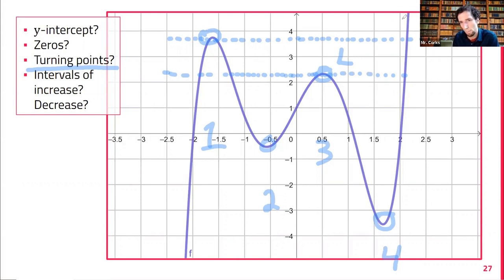No, I think. What's happening on the far right side of the graph? It's like going to infinity. Okay. And what's the y value of this turning point number 1 here, approximately? Y intercept? Yeah, or the y value.